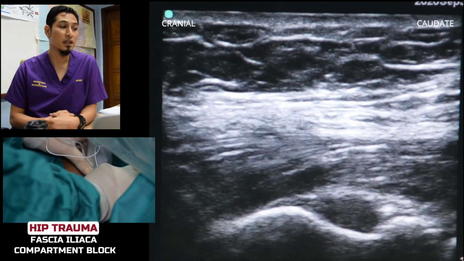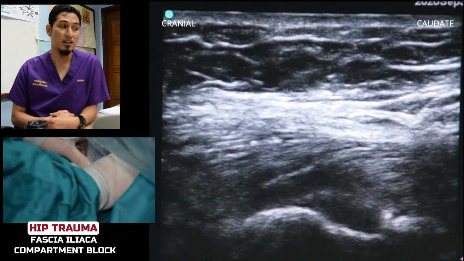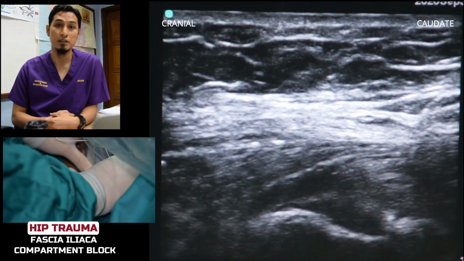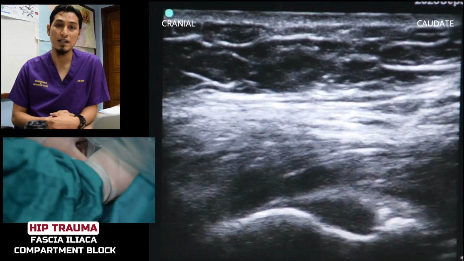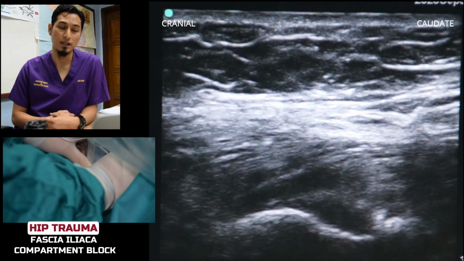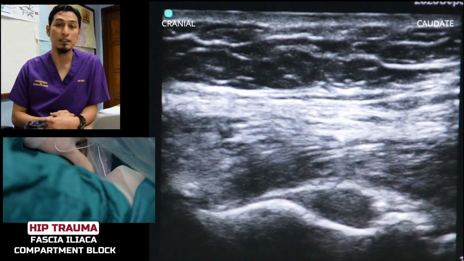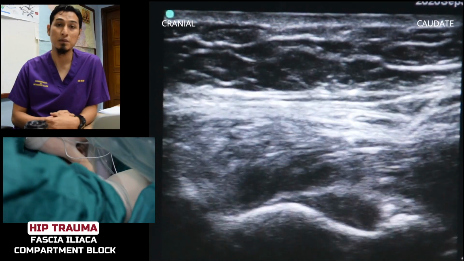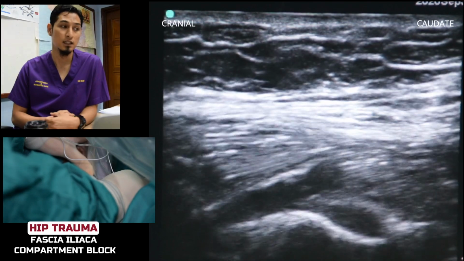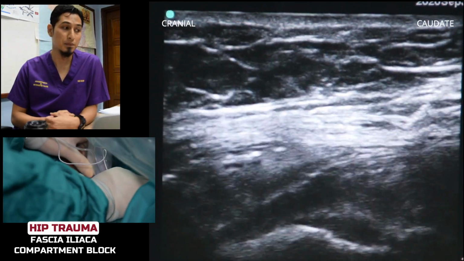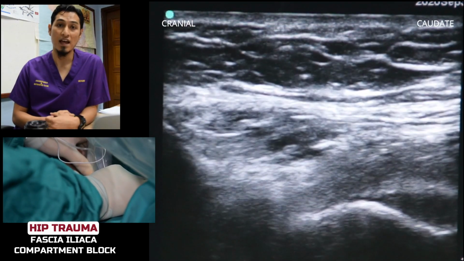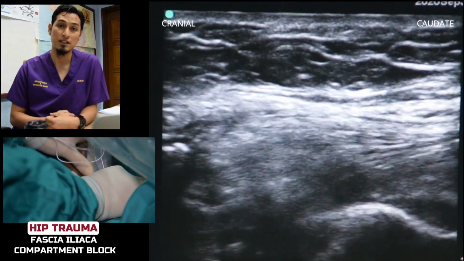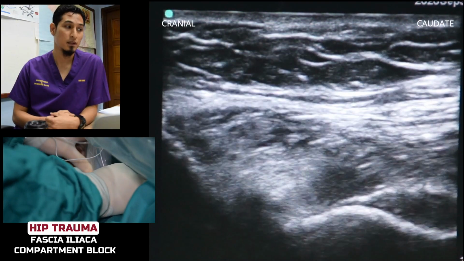So here we can see that the needle already pierced the fascia lata, which is the first fascia. Now the needle is just above the fascia iliaca. Once we feel a pop, then we are sure that we are in the fascia iliaca compartment.